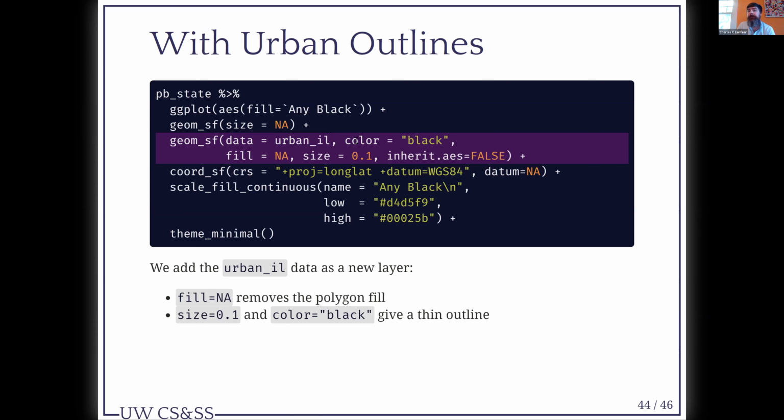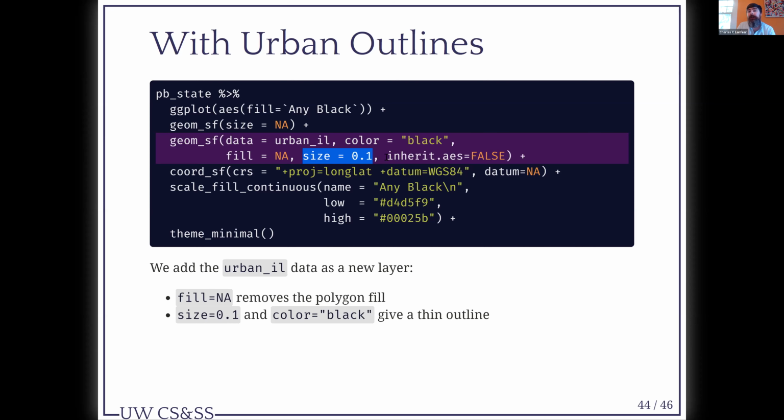I'm going to say here, color equals black. What I want to do is draw a black outline around urban areas. I say fill equals NA because I want the polygons empty. I want an outline, so I don't want to fill the polygons in. Size 0.1 is going to make a thin line around them. So we're going to get a thin black line drawn around our urban areas.